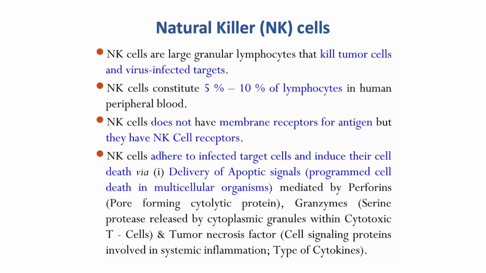This is mediated by perforins, which are pore forming cytolytic proteins, and by granzymes, serine proteases released by cytoplasmic granules within the cytotoxic T cells, and by tumor necrosis factors, that is cell signaling proteins involved in systemic inflammation, which are types of cytokines.